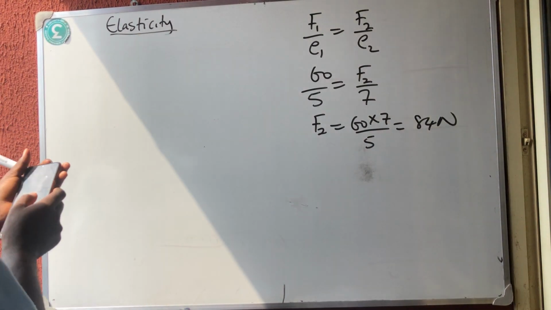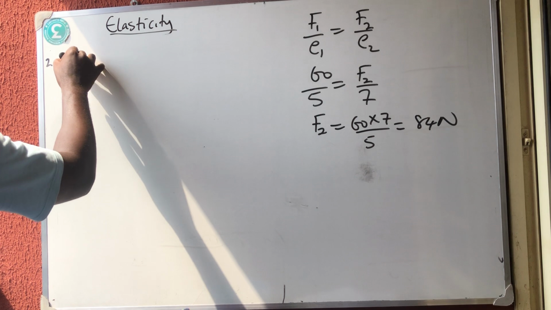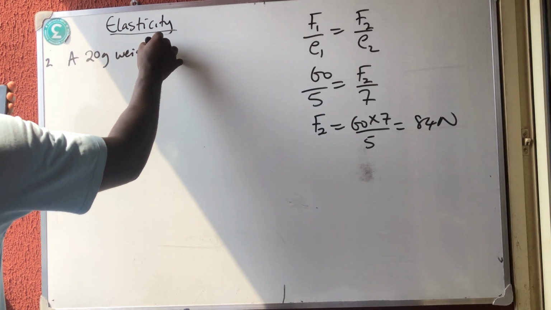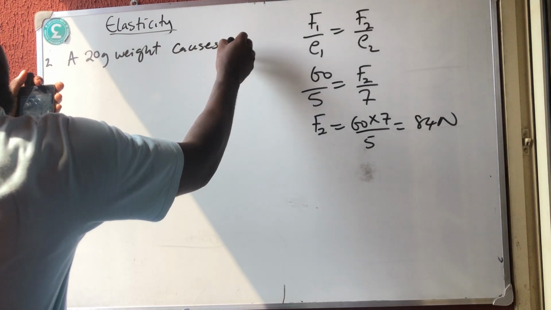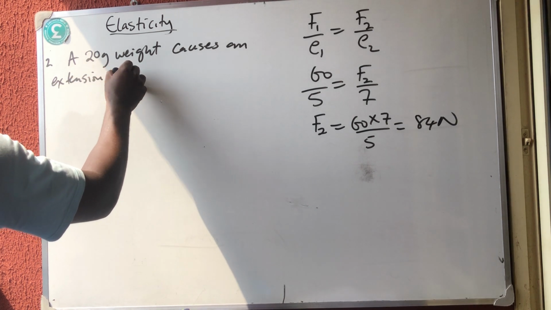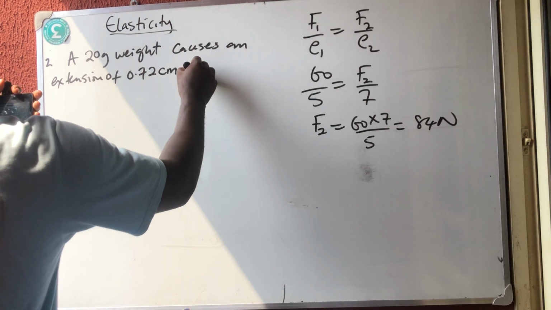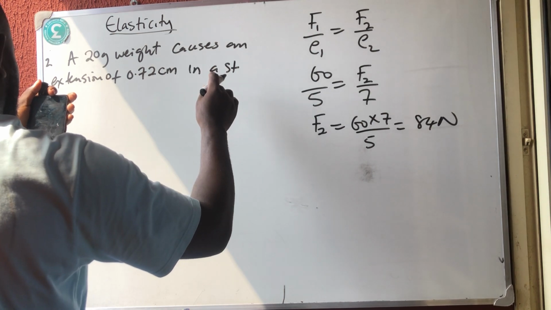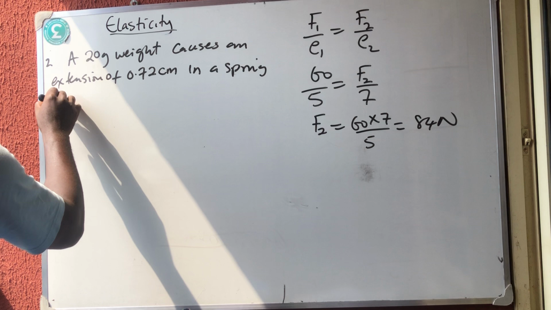The next question, question number 2, said: a 20 gram weight causes an extension of 0.72 cm in a spring.